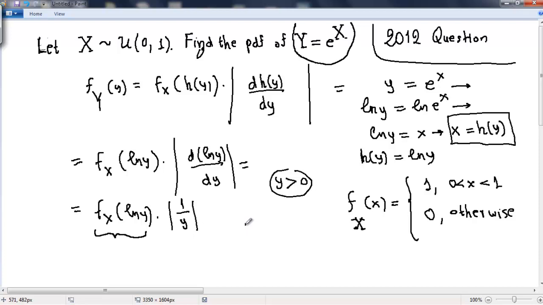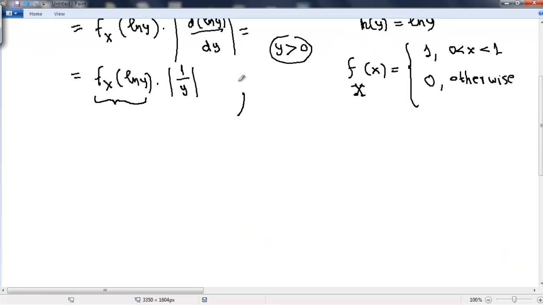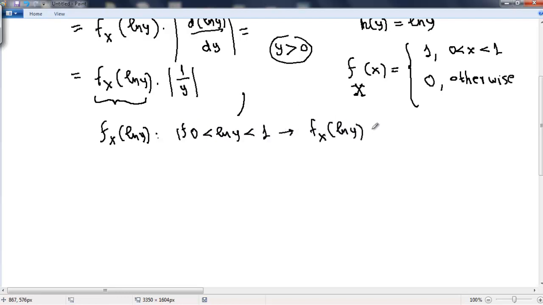But we have to consider one more thing here. Let's find f_X of ln y. If ln y is between 0 and 1, then f_X of ln y is 1, and f_X of ln y is 0 otherwise.